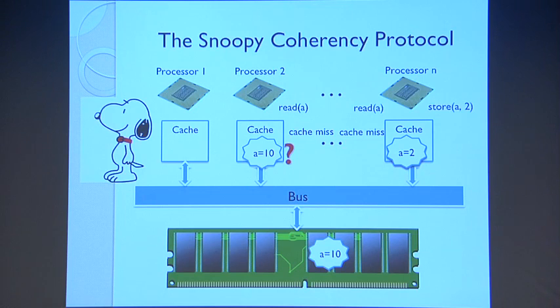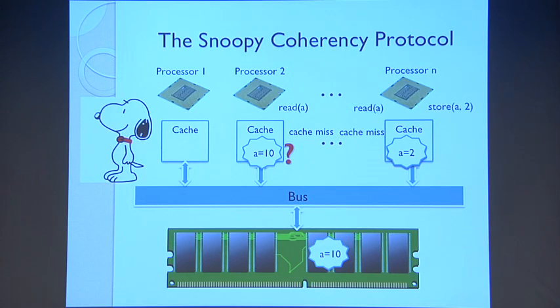So you just listen, and every time someone says, I've updated location A to something, and if you've got location A in your cache, what you need to do is just invalidate that row. And so the next time processor number 2 tries to read A, it will look at the cache and see that it's not there, and will invoke another cache miss, basically, and get the new value from the memory. So this is the idea of the Snoopy cache coherence protocol.